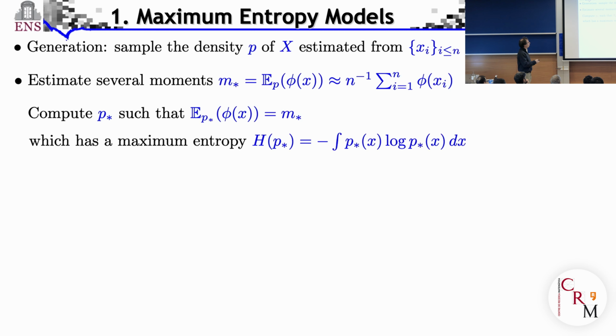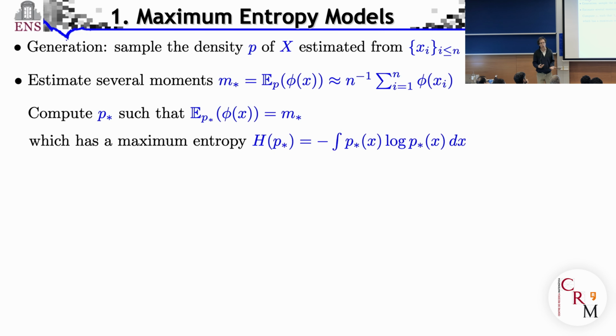So you're going to get a vector of moments. Now, those are the constraints that you have on your probability distribution, which of course doesn't uniquely define P. So then, as I said, given this constraint, you want to add some form of regularization on your probability distribution.